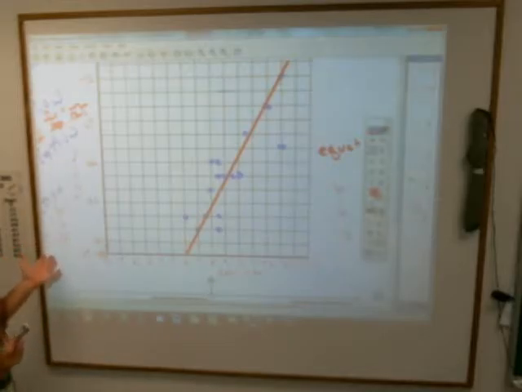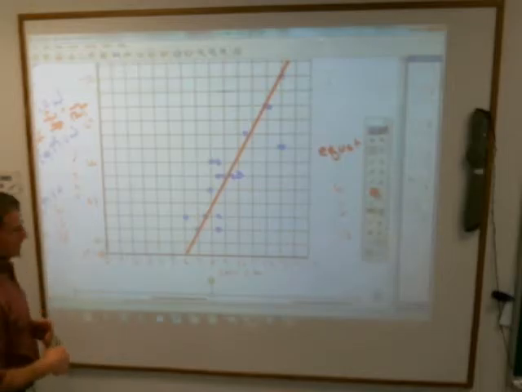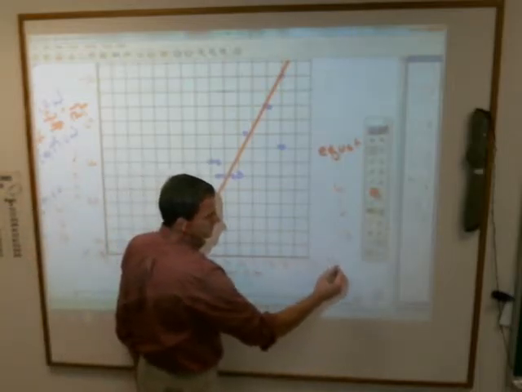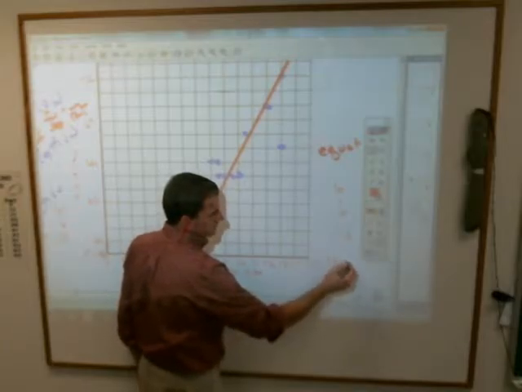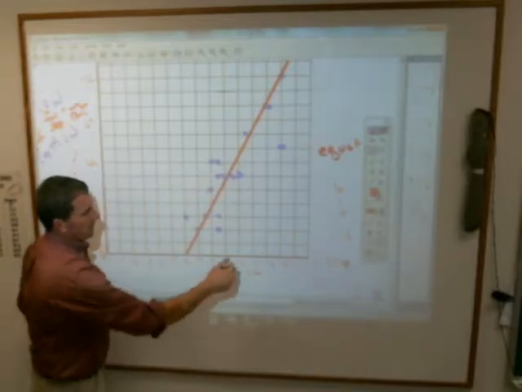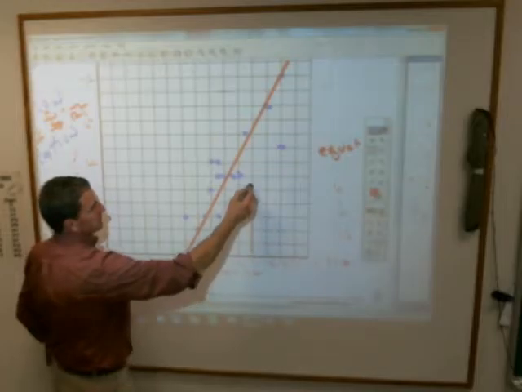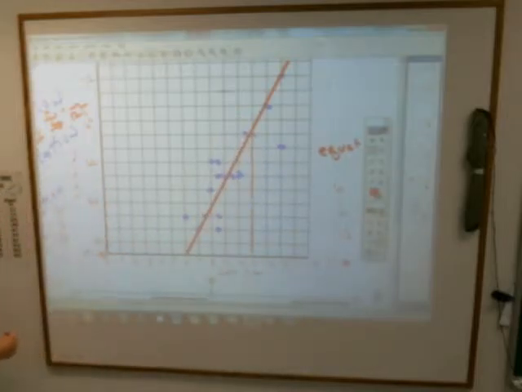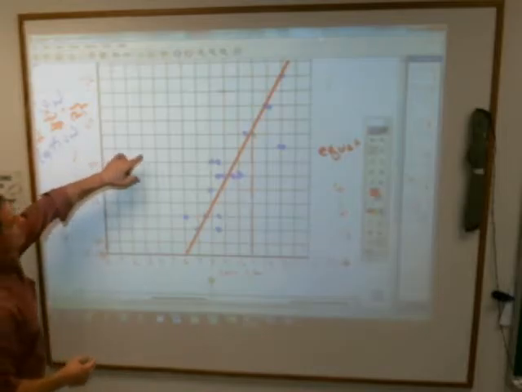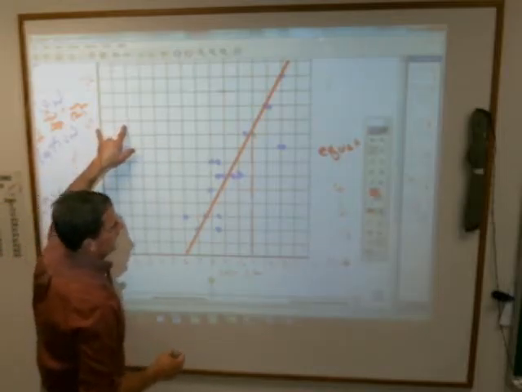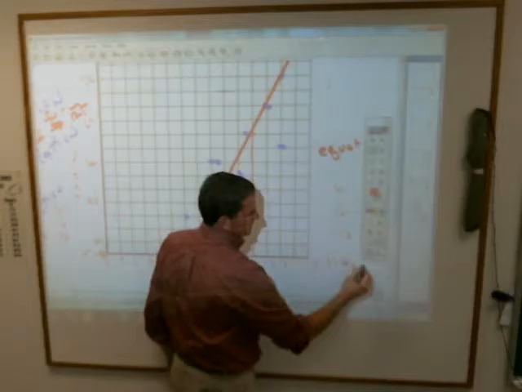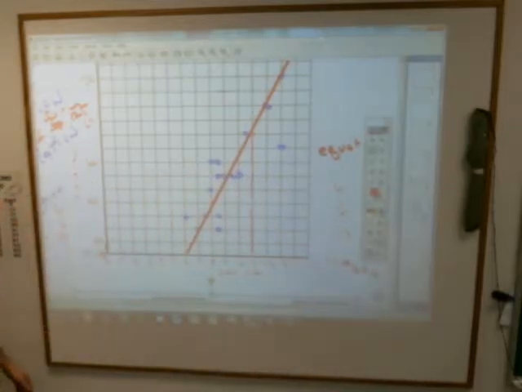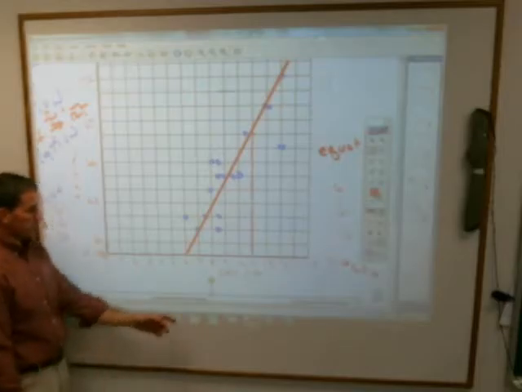For example, if somebody had a shoe size of 11, does anybody in here have an 11? You could follow that 11 up and see where it crosses that line. If somebody is an 11, they should be close to 68.5 inches tall, or close to 68.